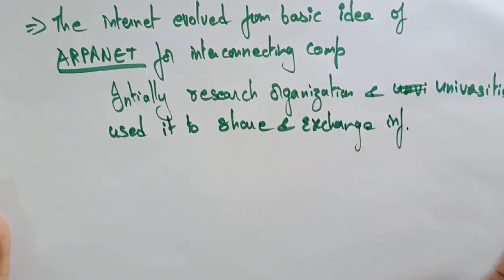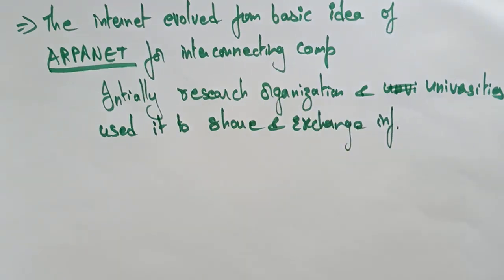So only within the organization they started this internet. They didn't spread it into the world. They just used it in these organizations and universities to share and exchange information.